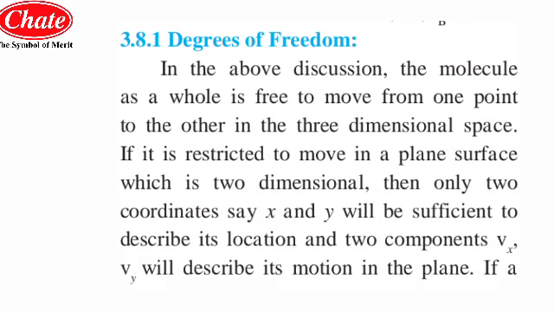Now students, we will learn about degree of freedom. We have learned that the molecule as a whole is free to move from one point to another in three-dimensional space, meaning x, y or z. Now if it is restricted to move in a plane surface, which is two-dimensional, then only two coordinates x and y will be sufficient to describe a location, and two components Vx and Vy will describe the motion in the plane.